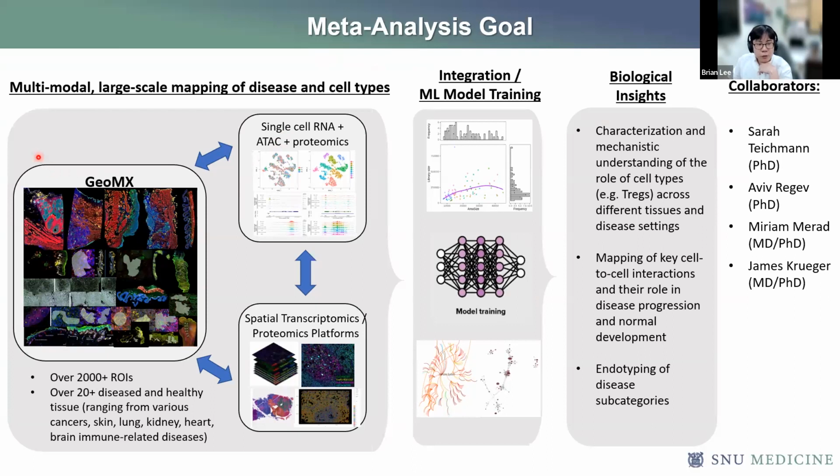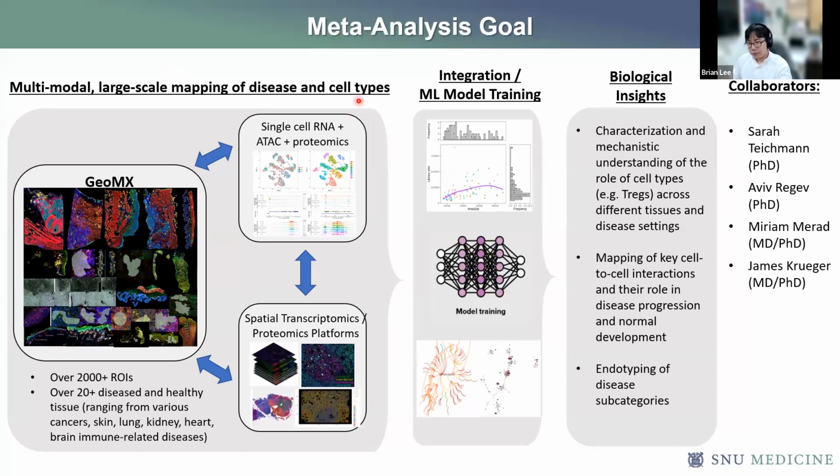Because we have so many ROIs, over 2,000 ROIs by GeoMx and over 20 diseased and healthy tissues, ranging from various cancers, skin, lung, kidney, heart, and brain immune-related diseases, we want to integrate all of these ROIs together. And then also with single-cell RNA sequencing, ATAC sequencing and proteomics, and other spatial transcriptomic and proteomic platforms, integrate all of these together to really map out disease, inflammatory diseases, and also cell types.